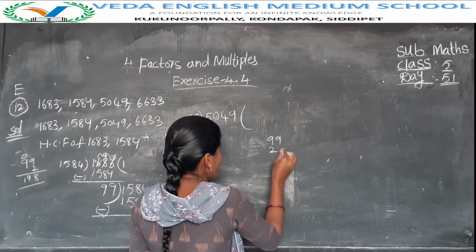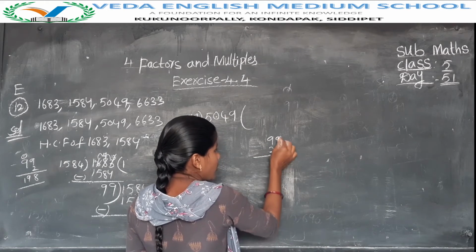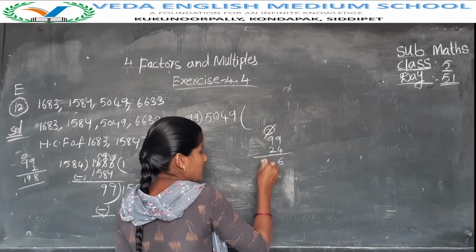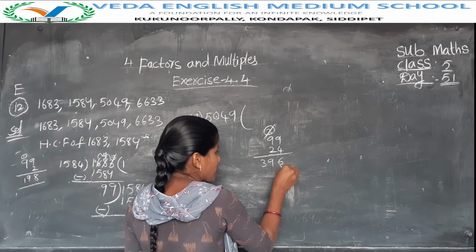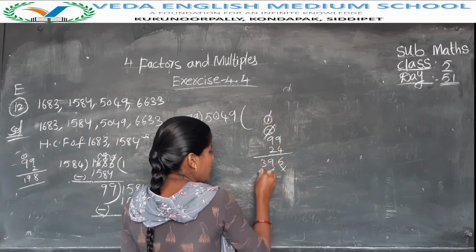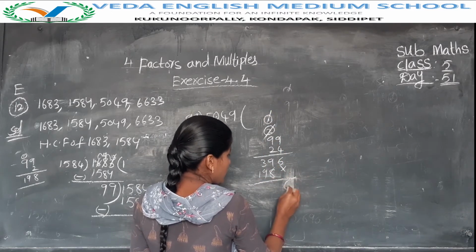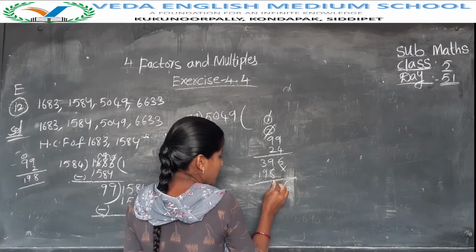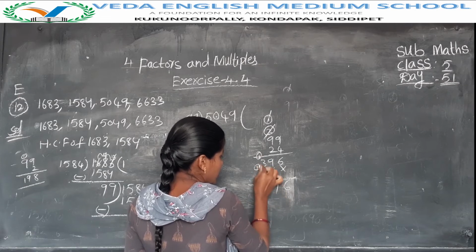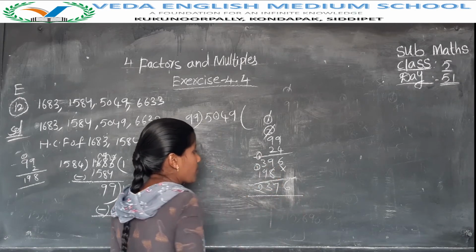99 24s are we will take 4 9s are 36, 36 plus 3 39, 2 9s are 18, 18 plus 1 19, 6, 9 plus 7, 10 plus 3 13. It is 2300 only.